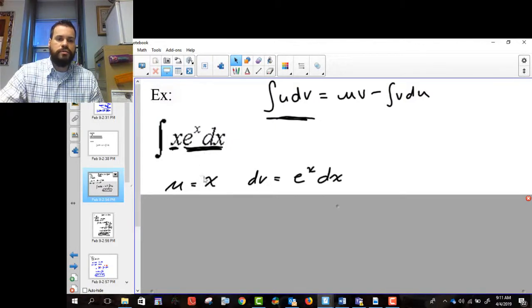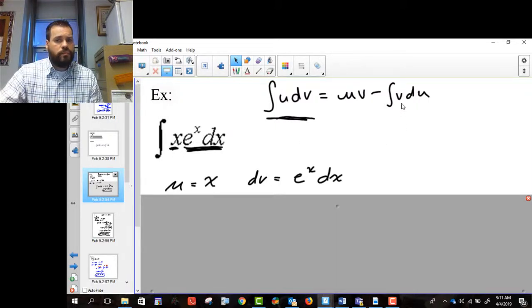So then why did I choose u to be x and dv to be e to the x? Well, after you've decided that you can integrate both, then I try to figure out which one's derivative is going to get smaller, because what we're trying to arrive at is an integral that's easier to integrate, or even possible to integrate, when this is not.